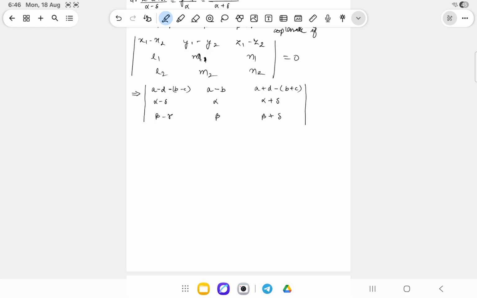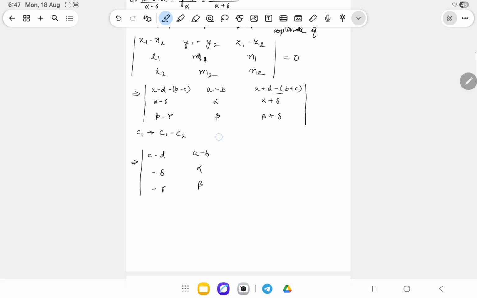I see that a minus b is also in this row, and here also a minus b is there, so I'll apply column operations and see where I get. If I reduce c1 to c1 minus c2, I'll get my c1 as c minus d, minus delta minus gamma, and my c2 is a minus b, alpha, beta.